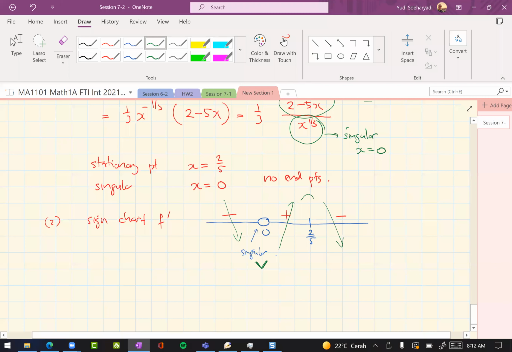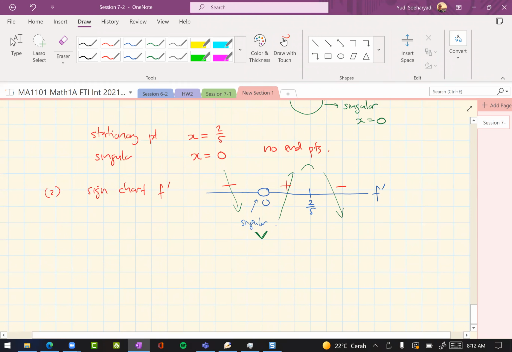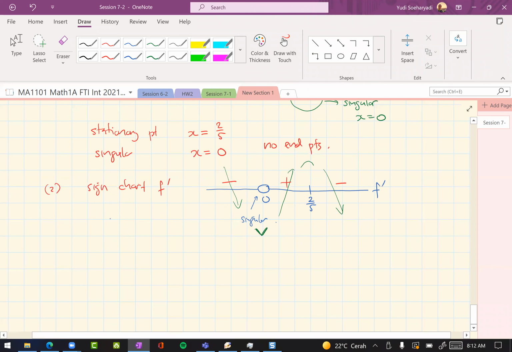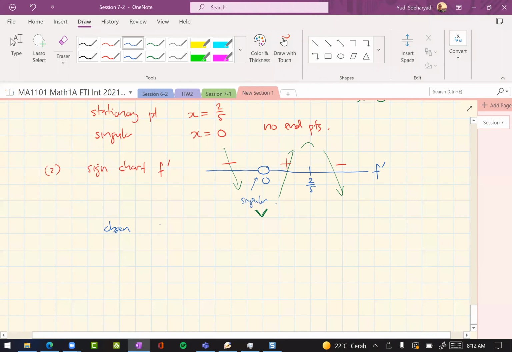By change of sign, this gives you a local max, and this gives you a local min.